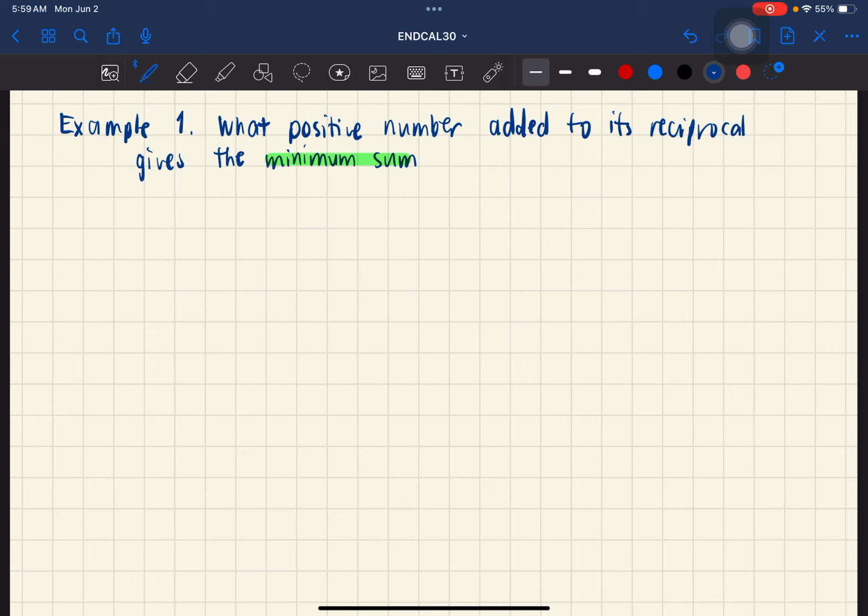So let's have S as our sum, or the minimum sum, and then we'll have the positive number x, and then 1 over x is the reciprocal of the positive number.